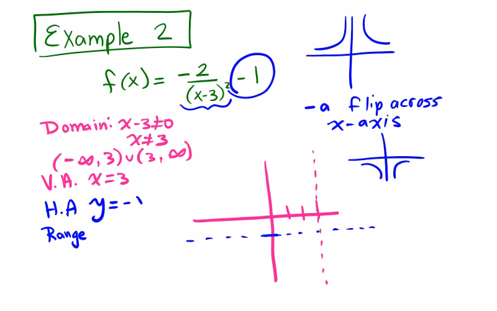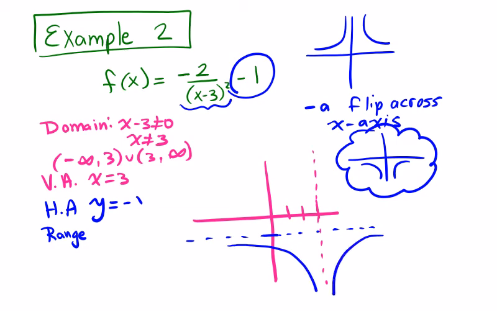With this one, the graph is based off of this piece here where the two sides are going down. It kind of looks like a brain, and it's going down on both sides of the graph because of the negative. So our range, well, the highest point of our range is our asymptote, and it's going all the way down to the bottom. So the range is negative infinity to negative 1, with a parenthesis.